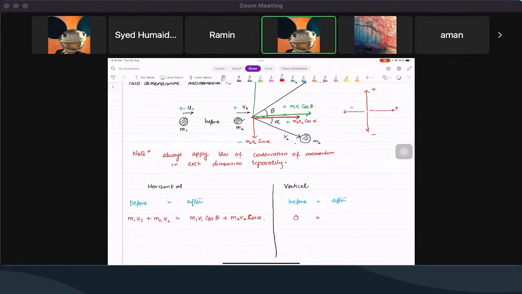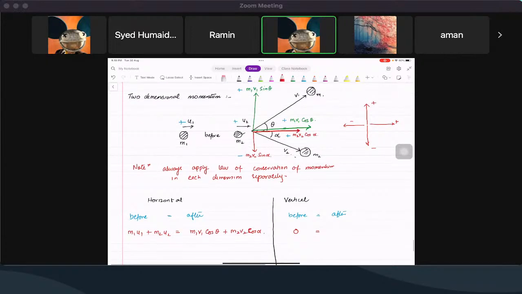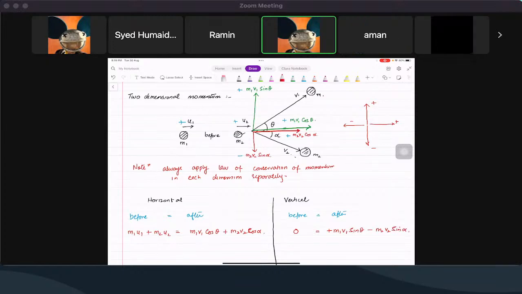And afterwards it was positive m1 v1 sine theta minus m2 v2 sine alpha. Please look at it. Let me know.